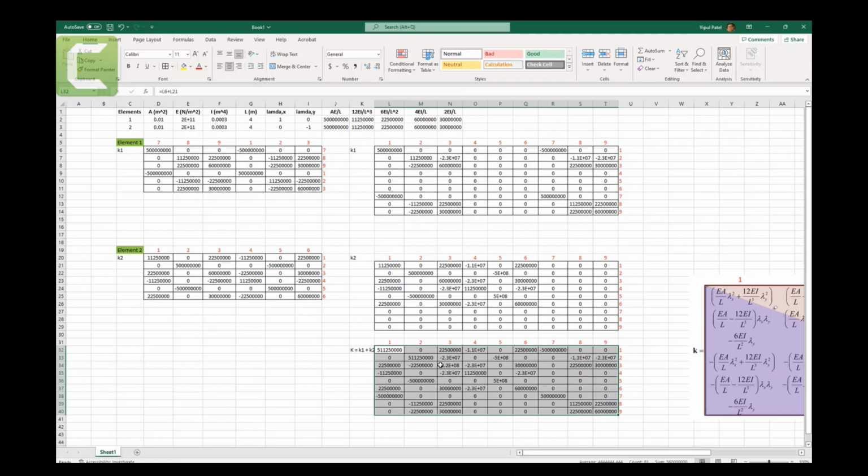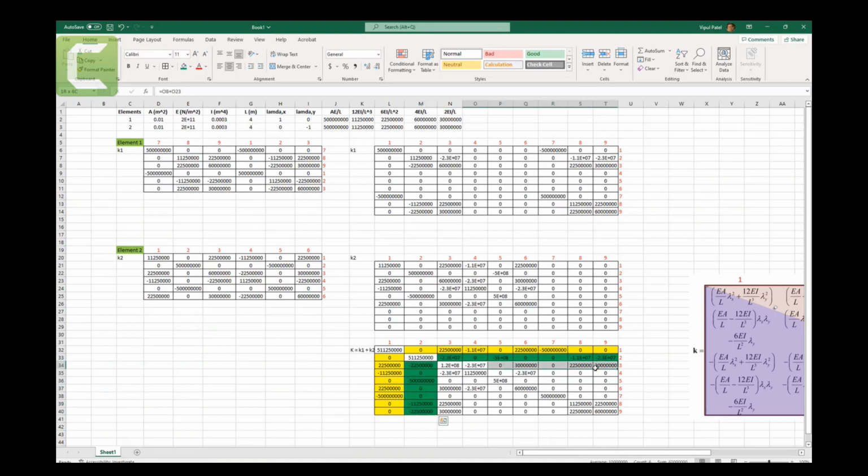This 1 2 2 5 0, minus 5 0 0, minus 11, yeah, it's symmetric. So all these numbers here are the same as these numbers. You can see that. Similarly, all these numbers here are the same as these numbers.